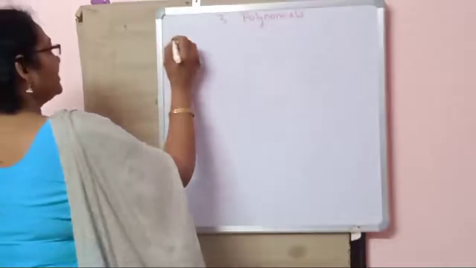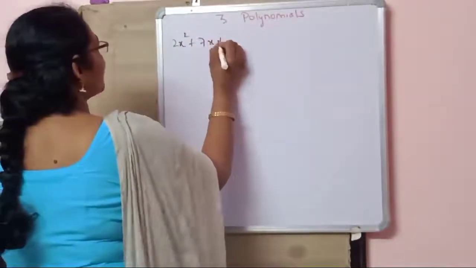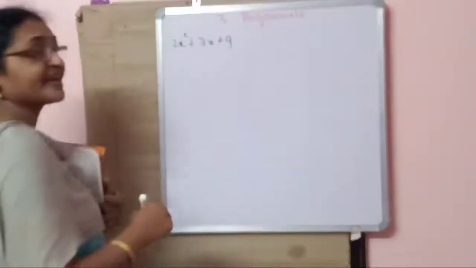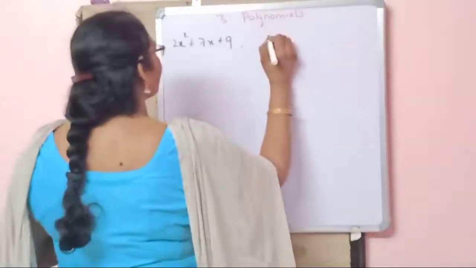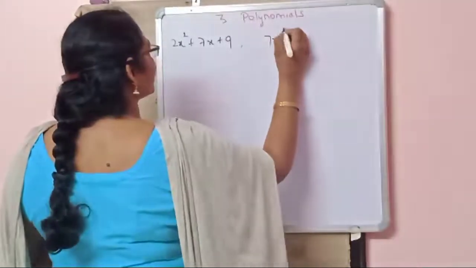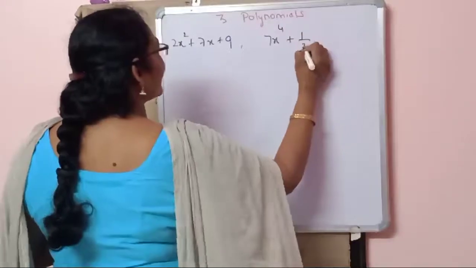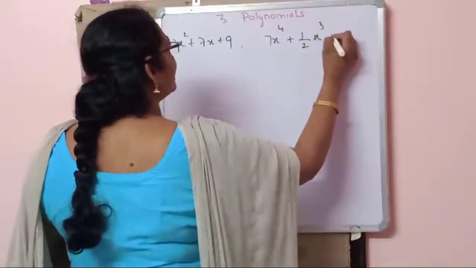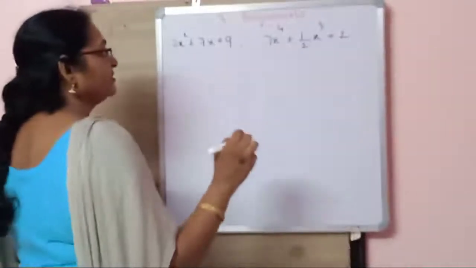For example, 2x square plus 7x plus 9, this is an algebraic expression. Suppose the equation is 7x raised to 4 plus 1 by 2 x raised to 3 plus 2, this is also a polynomial.